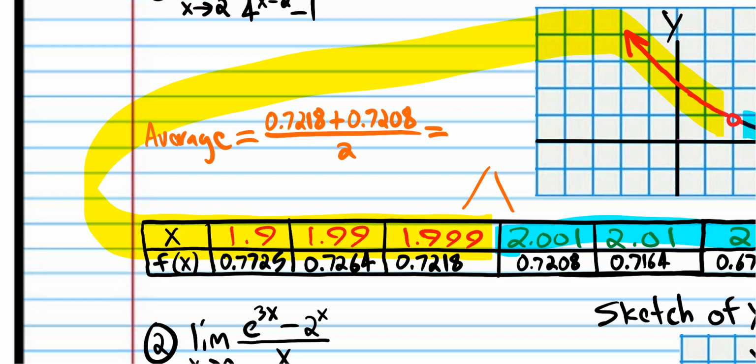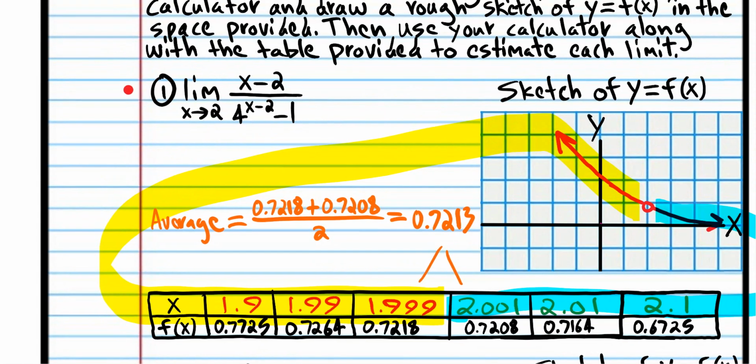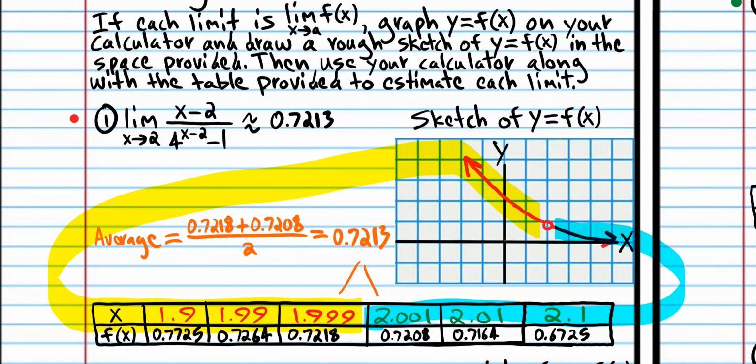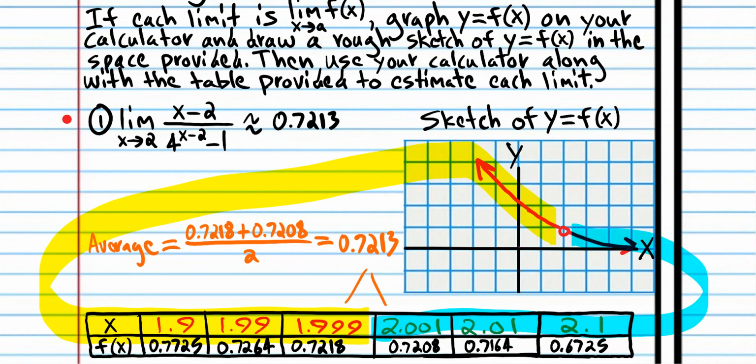We get 0.7213. So that is an estimate of the value of the limit. And that's it. That's our answer. So that's how you use a table to estimate the value of a limit.